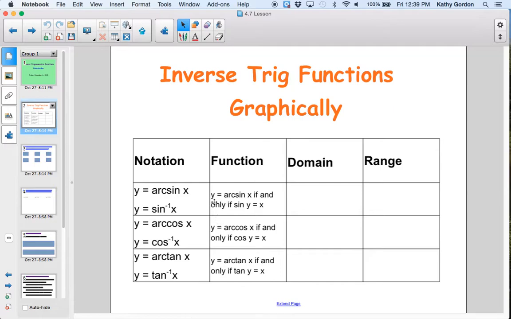And so this is a true statement if and only if taking the sine of that angle gives me this x value I was taking inverse sine of. That's the back and forth. And that's the way it works for all three of these. If taking the regular trig function of that angle would have given me that number you were taking inverse trig function of, we're all good.